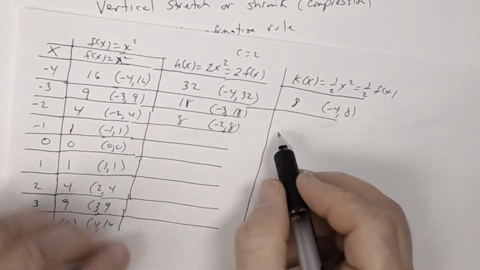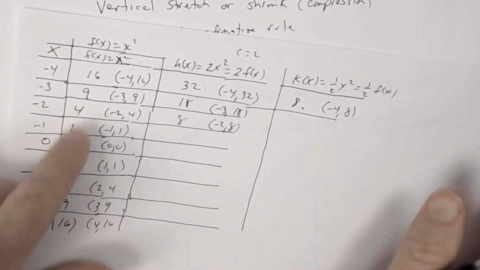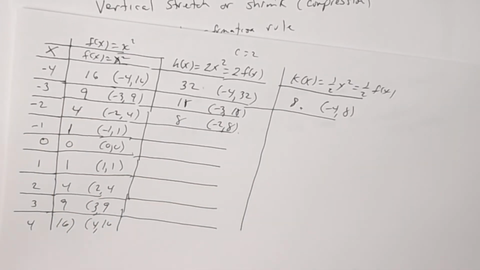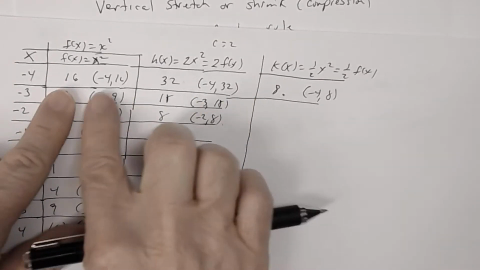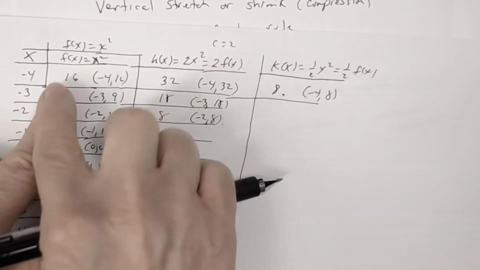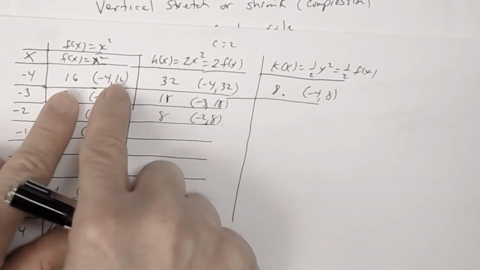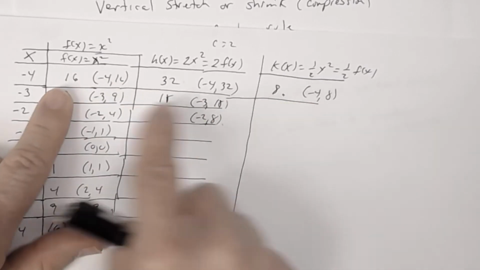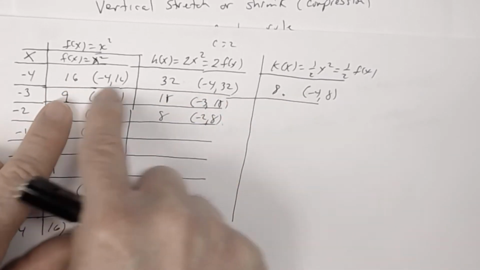So what's happening is that the values decrease. That's the idea of shrinking or compressing. You're compressing this graph to get this graph. Notice the x values stay the same, but the y value becomes smaller.